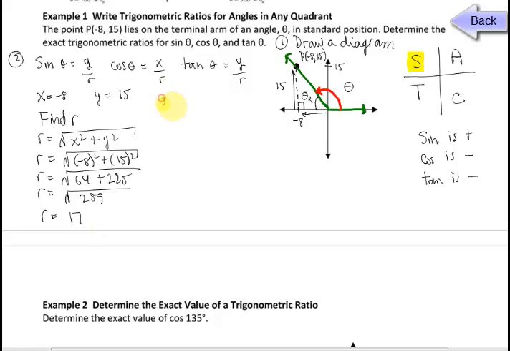Okay, so our third step then is to determine the exact trig ratios. Sine of theta is y over r, so sine of theta is 15 over 17.